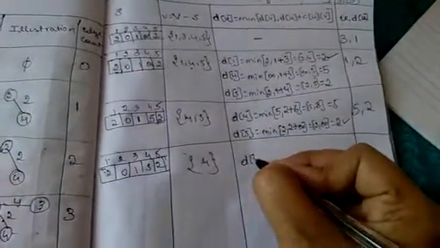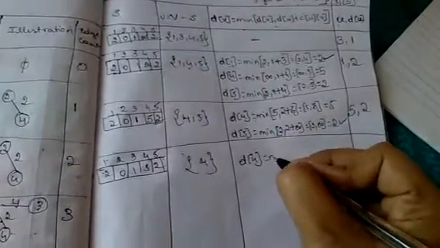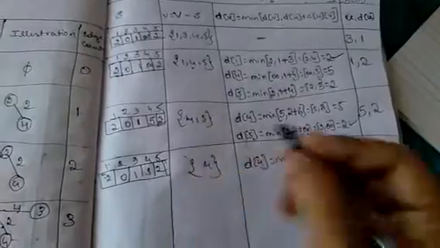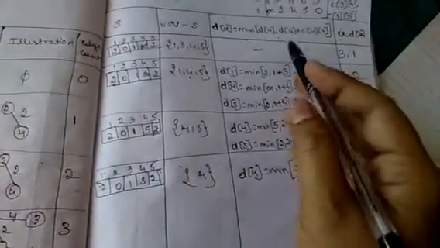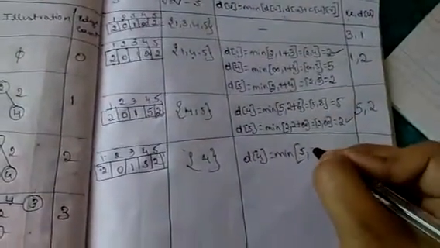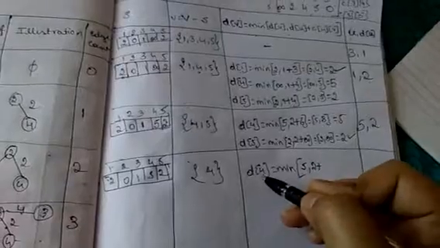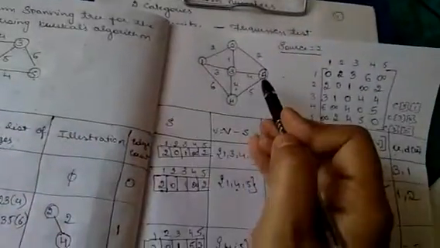Only 1. So D of 4. Min, what is D of V? 5, comma, what is D of U? D of U is 2 plus C of UV. U value is 5, V value is 4. 5, 4 is 5.